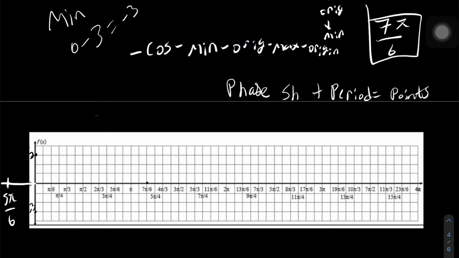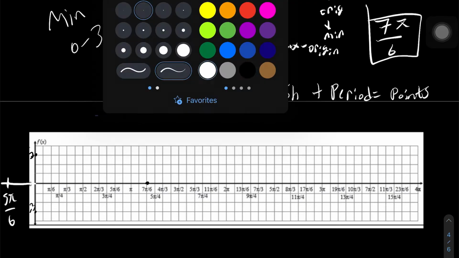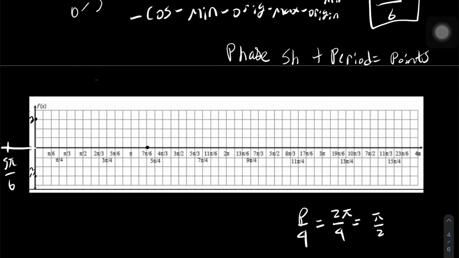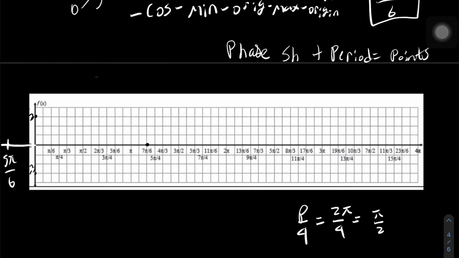Now we do the same method where we do period over 4 to get our points. So 2 pi over 4 is just pi over 2, or 1/2 pi. Now we do our phase shift plus our point. Our phase shift is essentially our first point.